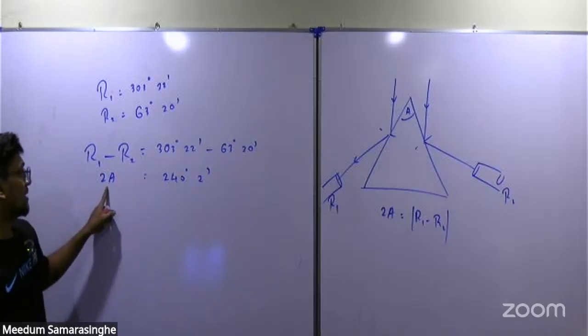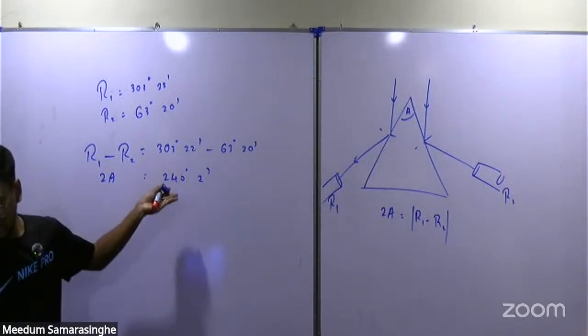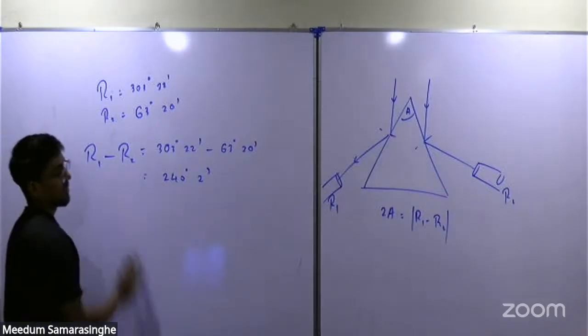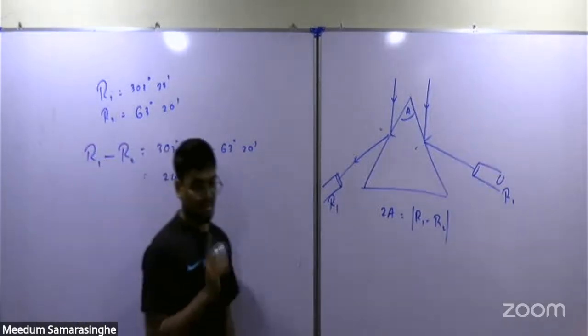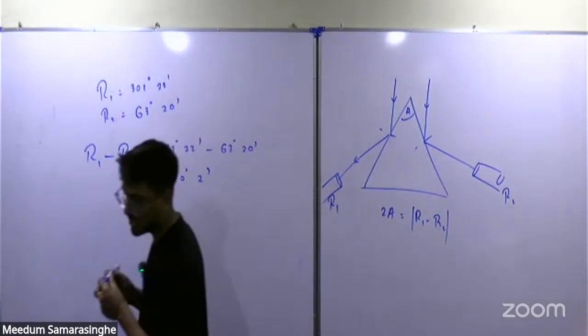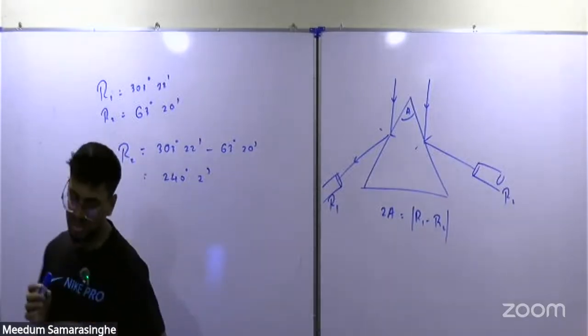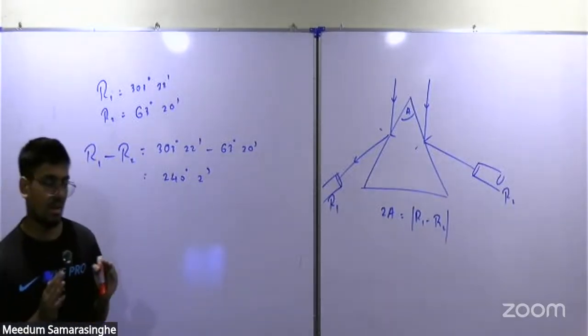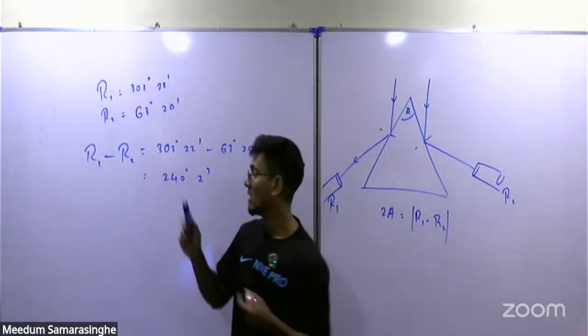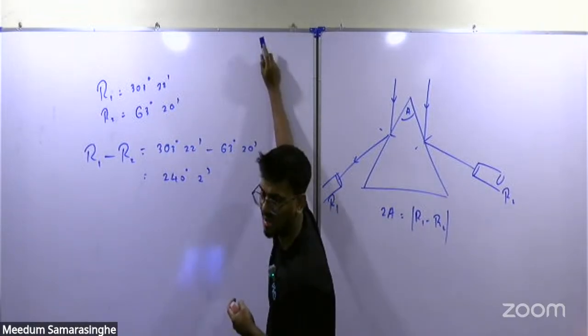When you consider A, that becomes 120 something, right? So 120 means the prism angle is obtuse. But in the question they have clearly mentioned that this is an acute angle prism. So the prism angle cannot be greater than 90.